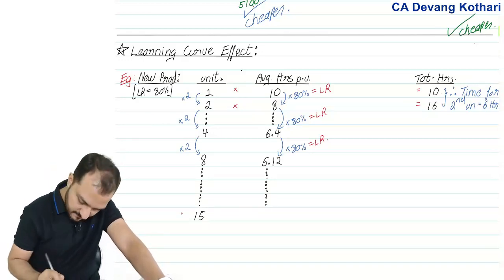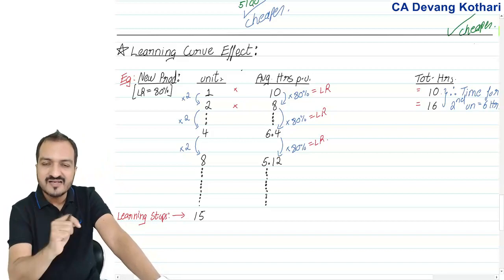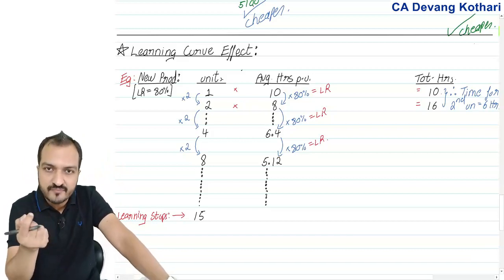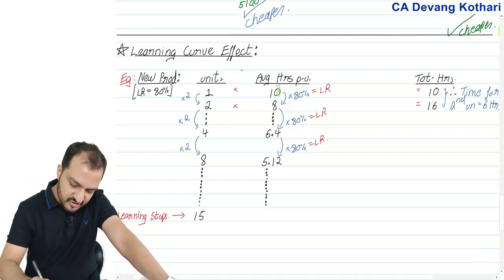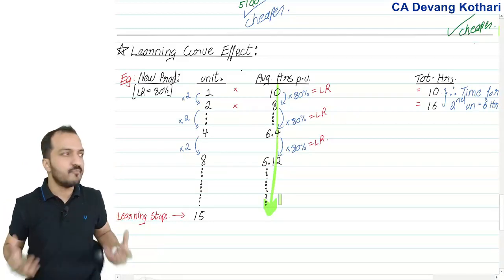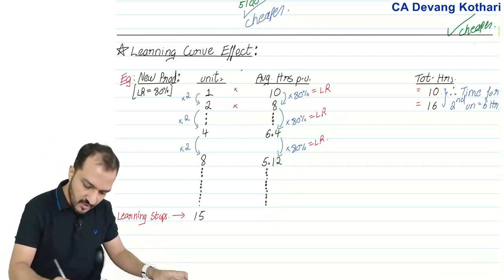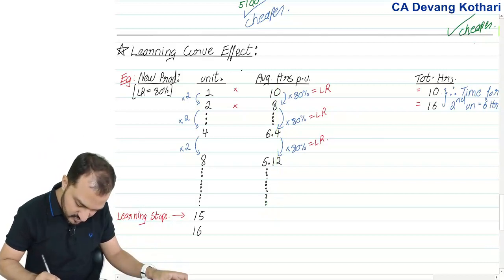This means that until your production reaches 15, your average hours per unit will keep on decreasing. Every next unit will take less time because of experience. But after 15 units, you produce the 16th unit, 17th unit, and so on.